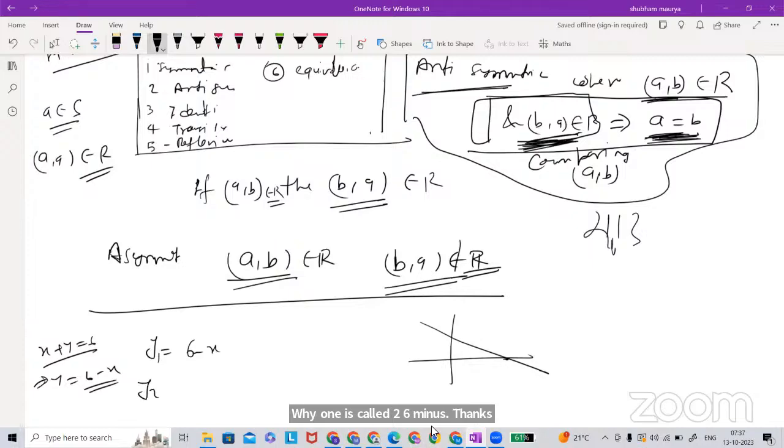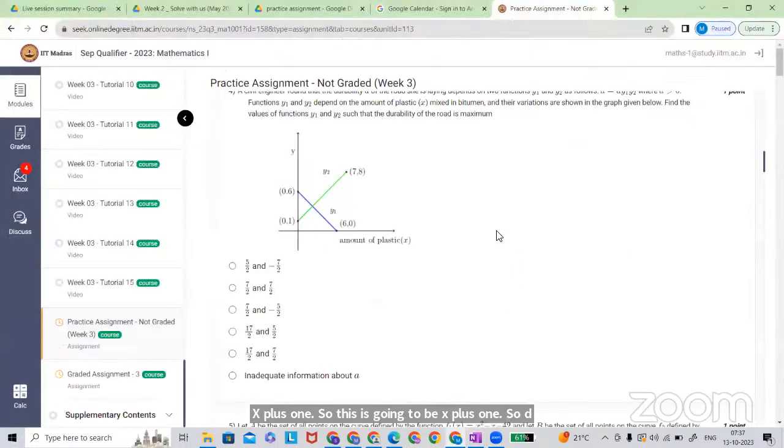And what is Y2? Y2 is equal to x plus 1. So D is given here.